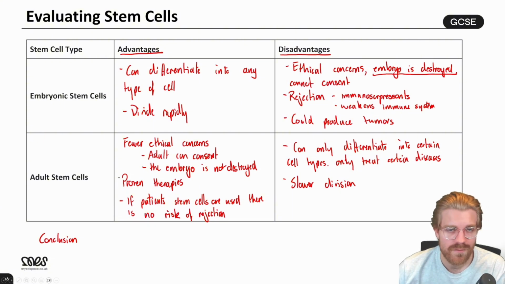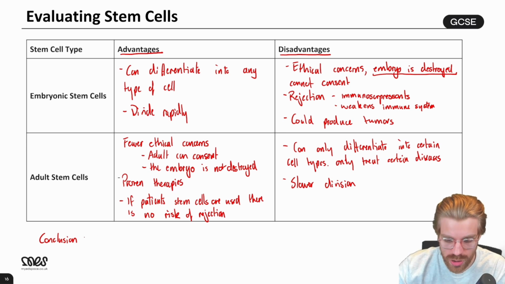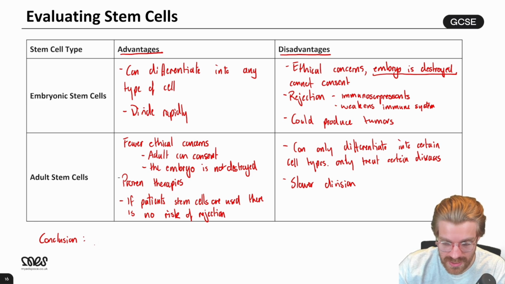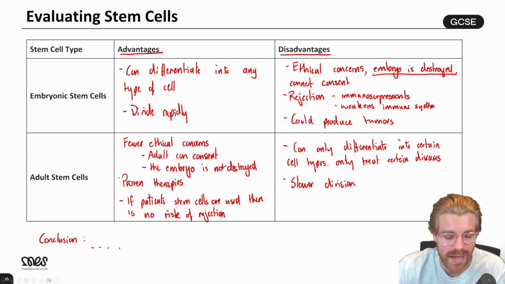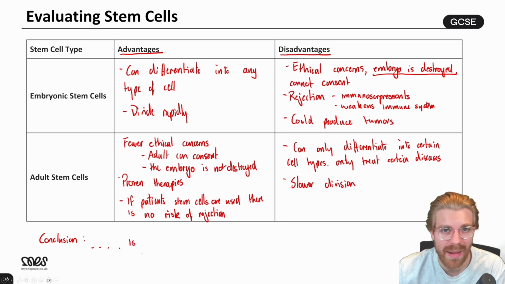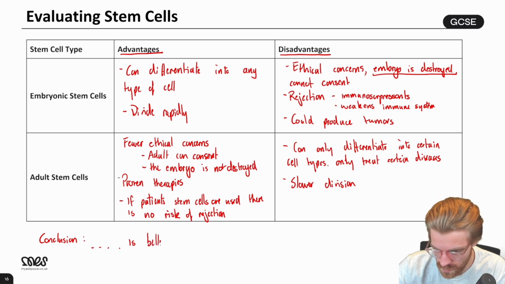So when we give our evaluation, when we answer an evaluate question, we need to give a conclusion at the end of our answer. And our conclusion is very, very simple. All we need to do is say that we choose one of them, embryonic or adult stem cells, is good or bad or better. And then we have to give a reason, because.